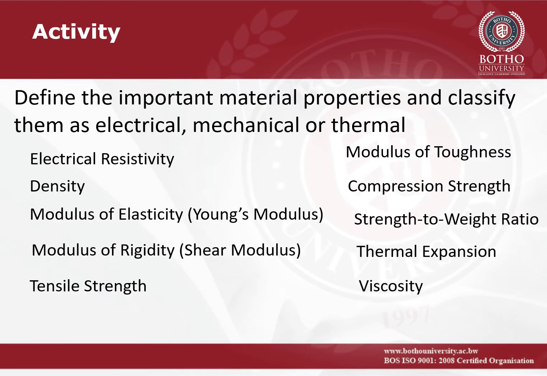As we had discussed about material selection and properties, let us do this simple activity. I want you to define the important material properties that are listed below and classify them as electrical, mechanical, or thermal. 1. Electrical resistivity. 2. Density. 3. Modulus of elasticity. 4.